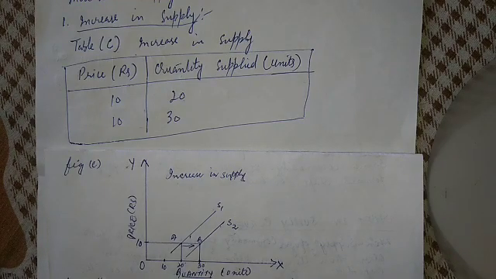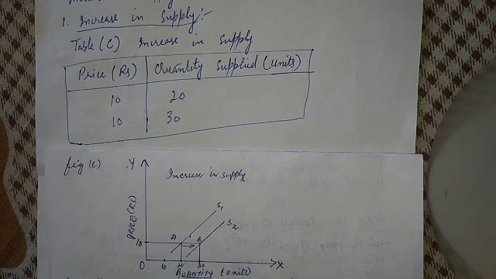Increase in supply is shown in this figure. You see, this figure shows that at the existing price of rupees 10, quantity supplied increases from 20 units to 30 units of the commodity. Accordingly, supply curve shifts forward. Here S1 is the first supply curve, second supply curve is S2.